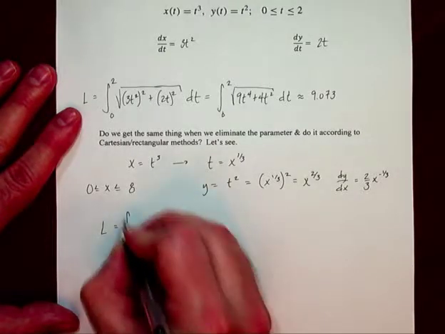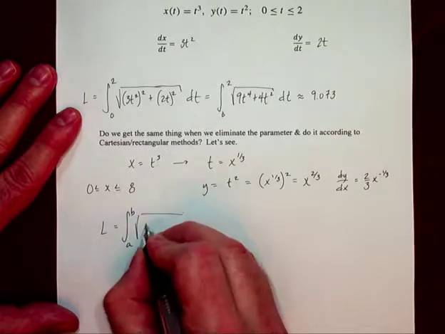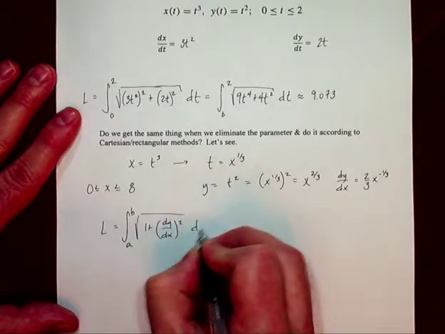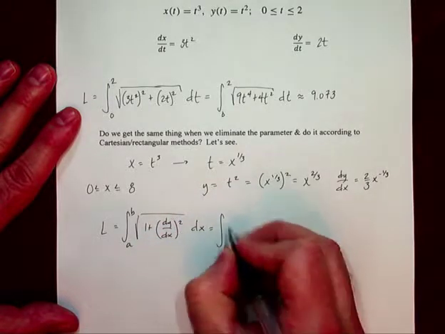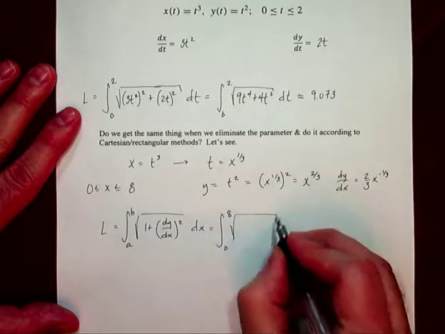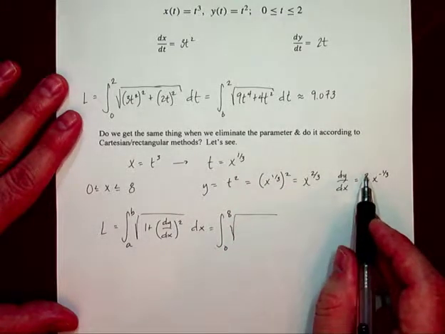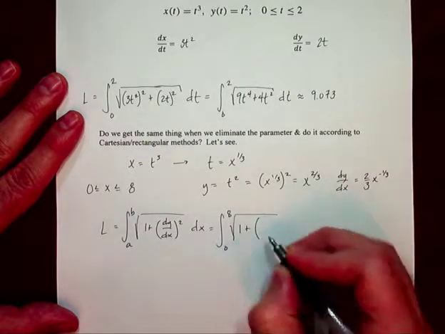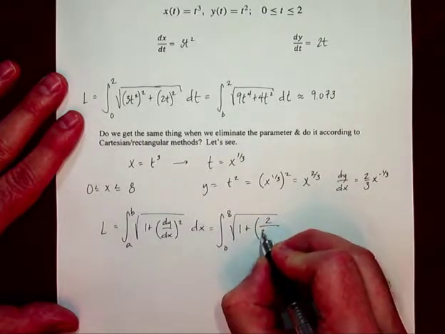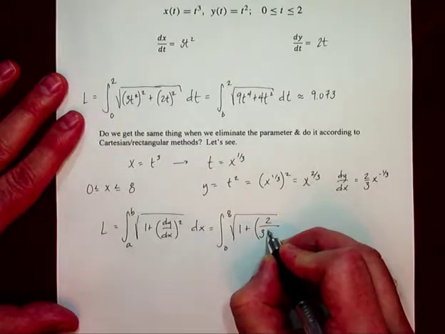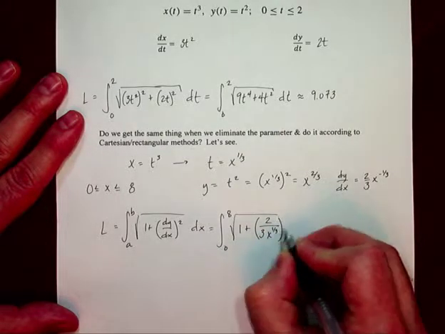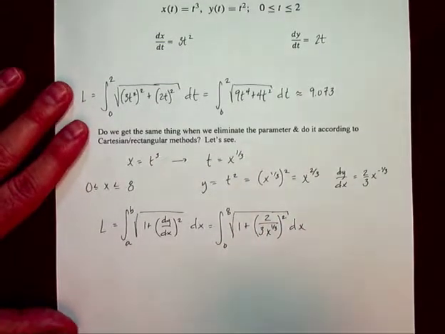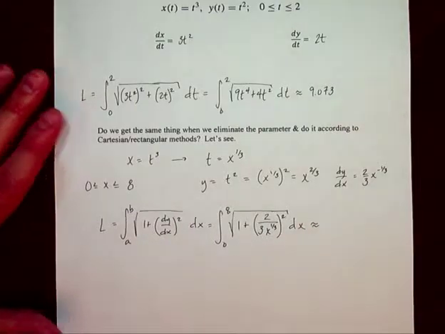Remember, it's the integral from a to b of the square root of 1 plus (dy/dx) squared dx. In this case, that's 0 to 8 of the square root of 1 plus (2 over 3 x to the 1/3) squared dx. And of course, we can do that all day long.